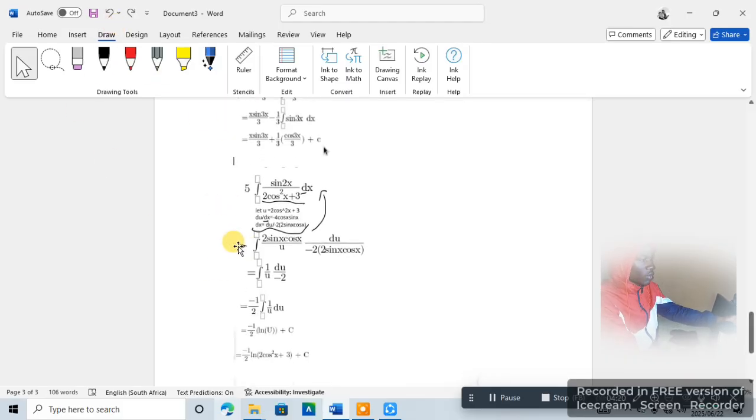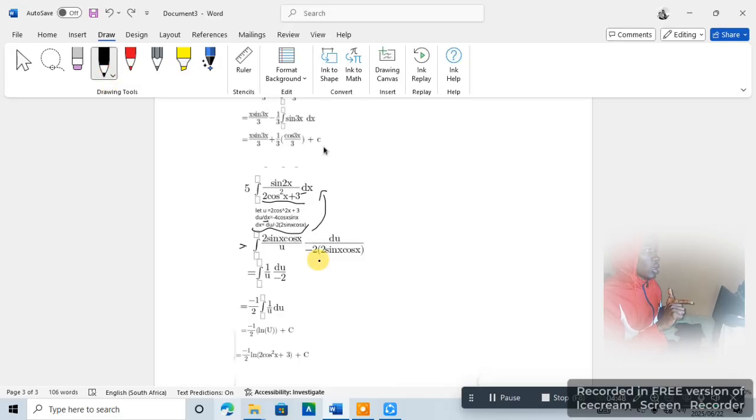This will be my equal sign. Integral of 2 sine x cos x, as I have said that sine 2x is equal to 2 sine x cos x, over u, since we said this one must be equal to u. Then multiply by dx, which is du over minus 2 open brackets 2 sine x cos x.